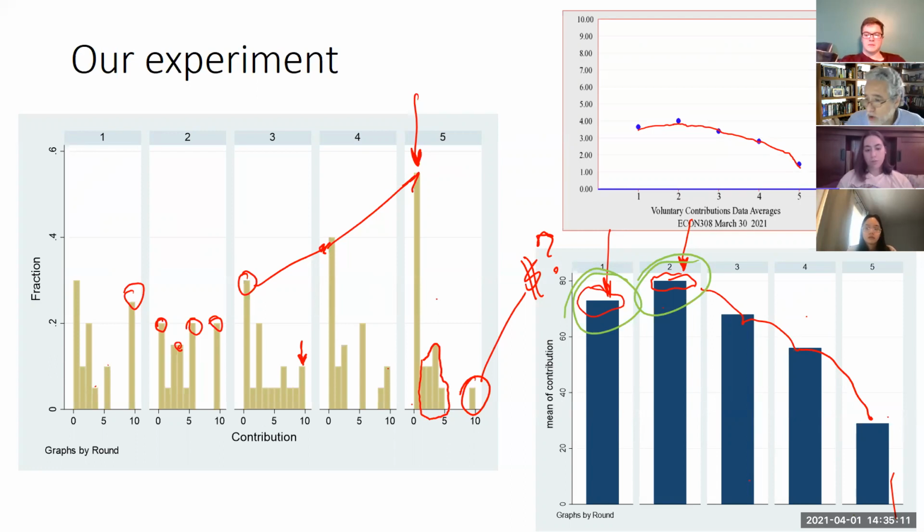So I am pretty sure that many of these people who started with the first 10 tokens all into the investment fund, when they saw in the next round that not everybody else was doing that, decided to reciprocate and say, if you're not chipping in, I'm not chipping in. But if you contribute, I am willing to contribute in the next round.